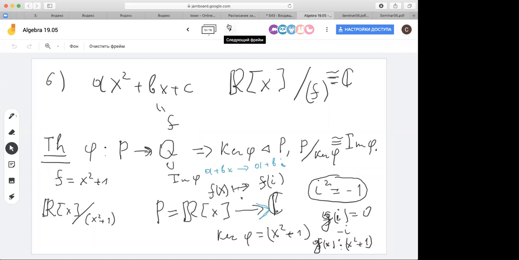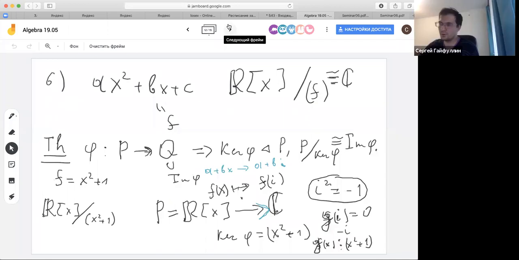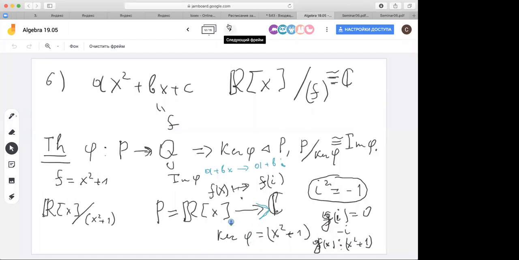But if we say that the kernel is not 0, then it means that phi is not injective. Yeah, but we needed to show that it's an isomorphism now.